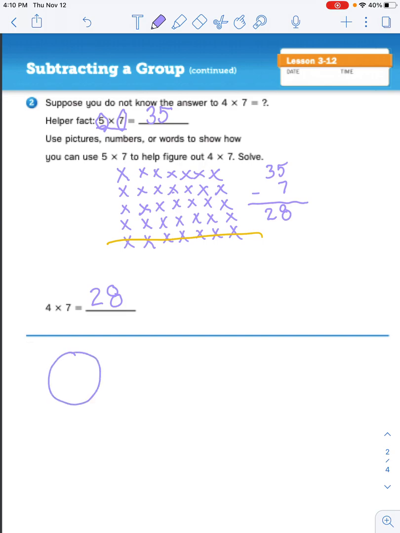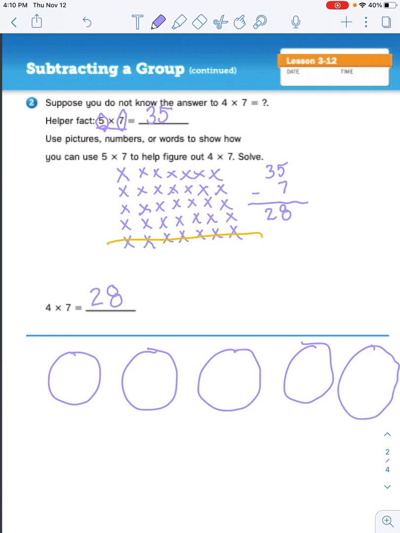So for 5 groups, I do circles, 1, 2, 3, 4, 5, and then 7 inside each circle. 1, 2, 3, 4, 5, 6, 7. So 5 groups with 7 in each group.